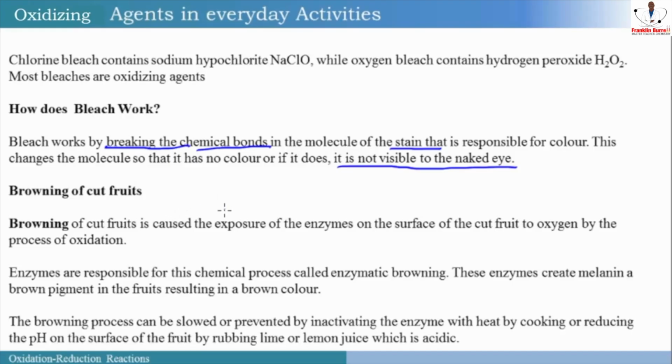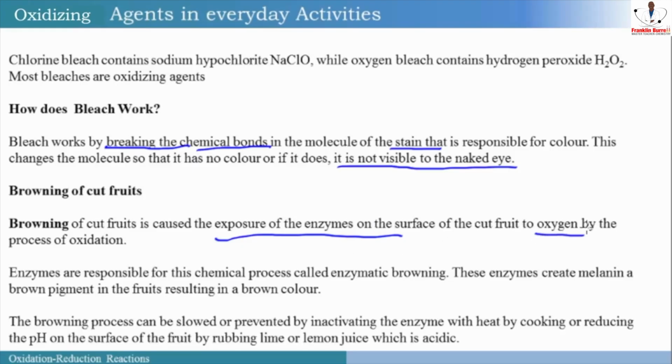Have you ever observed that when you cut fruits, after a while they turn brown? What is the cause for that browning? Well, let's talk about the browning effect for a minute. Browning of cut fruits is caused by the exposure of the enzymes on the surface of the cut fruit to oxygen.